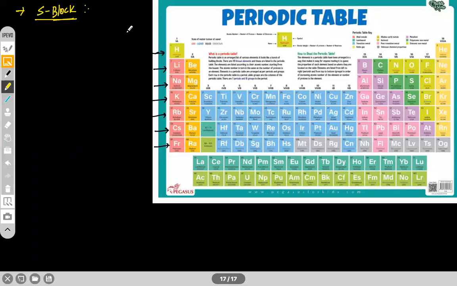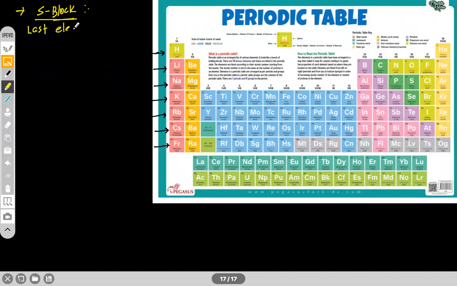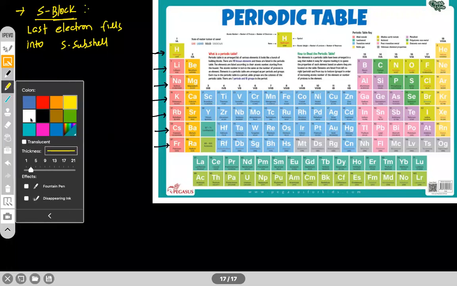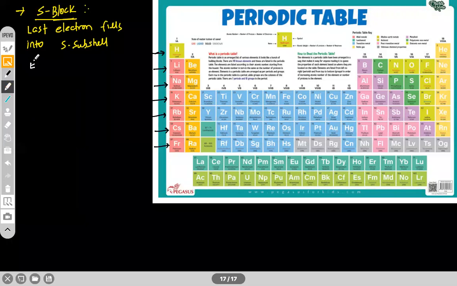S block elements are those in which the last electron fills into the s subshell. Examples: we have group 1 and group 2.